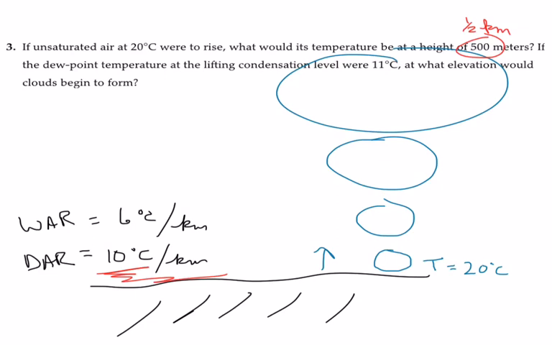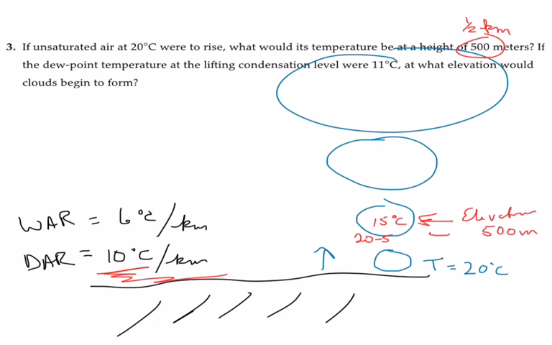Now I need to change my elevation. So this right here is going to be elevation 500 meters. So I'm going to take 20 minus 5: 15 degrees Celsius. We okay with that?